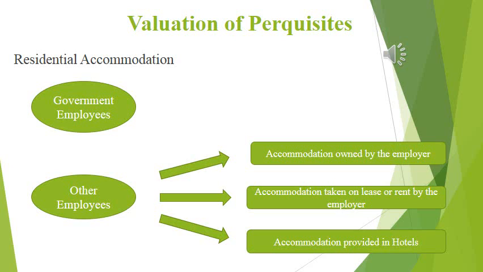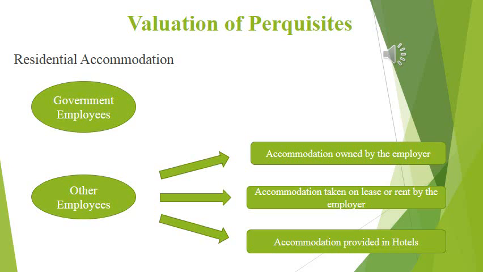And third, accommodation provided in a hotel or any other place. These are the three situations we have for other or private employees. Let us see in detail how to calculate the value of residential accommodation in these different situations.